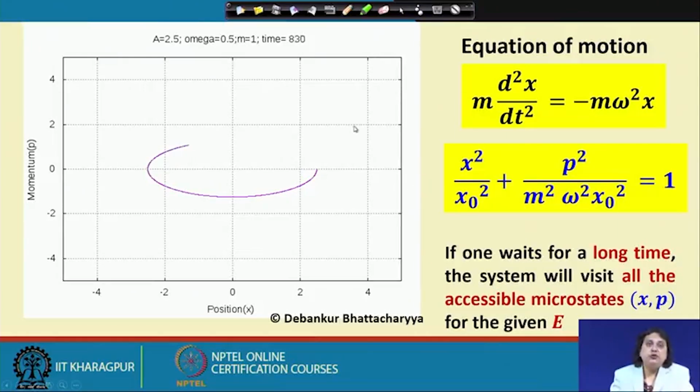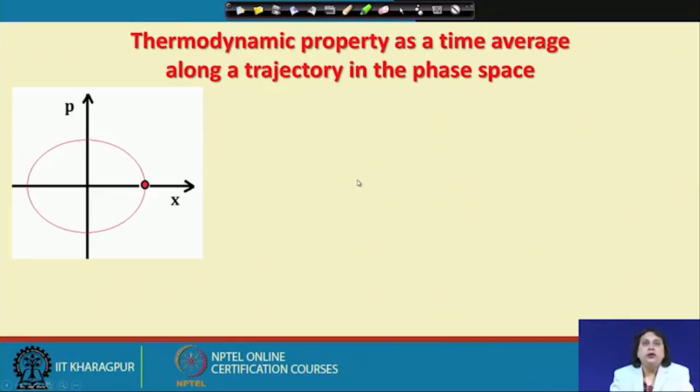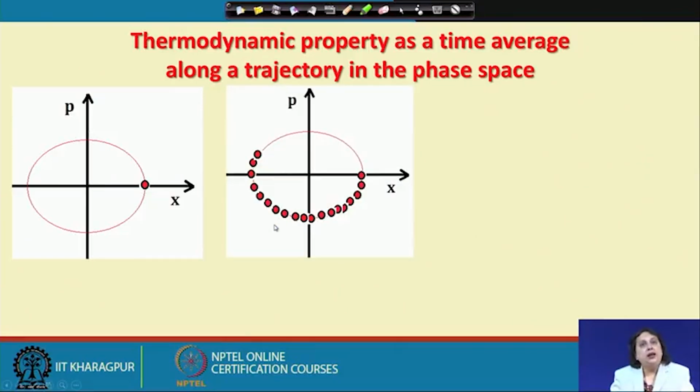Here I am showing you a movie which is a finite time movie and stops after some time, but if you allowed it to go on and on, then it would have done something like this. I would have started from this point, and when I allowed the system to move, as you have seen in the movie, it went through many different intermediate points on the ellipse to arrive at this point.